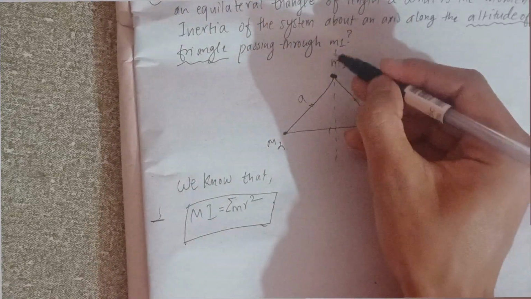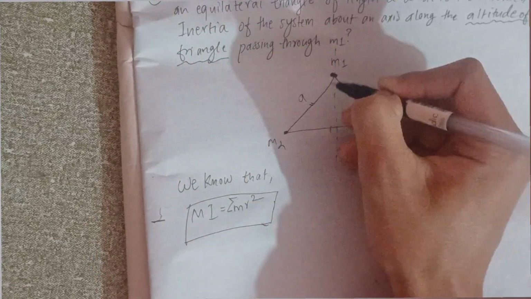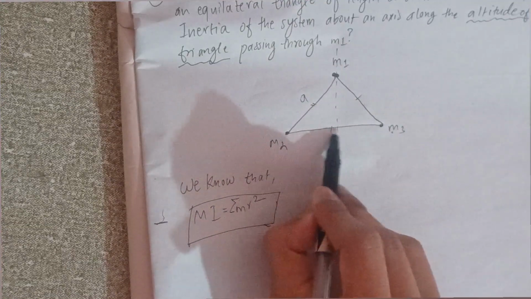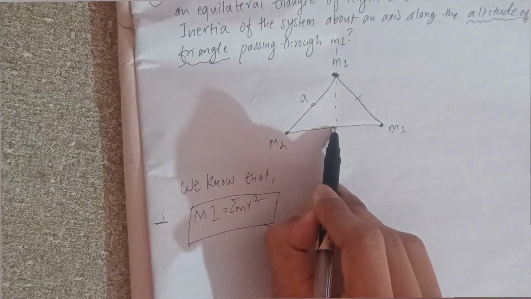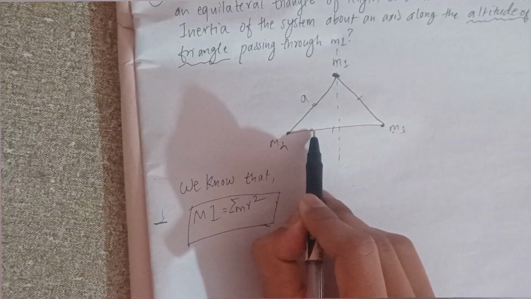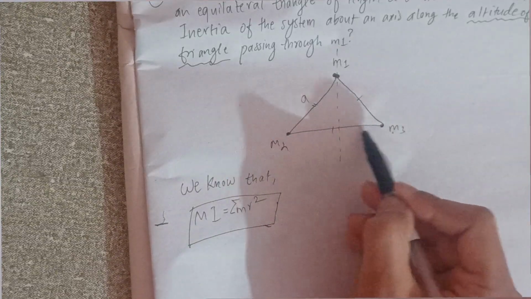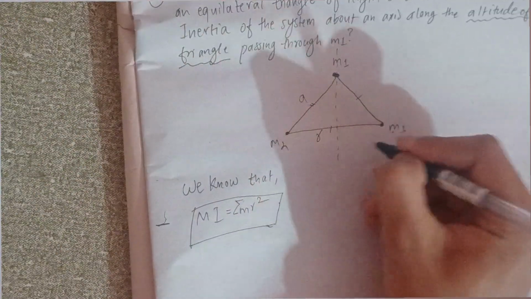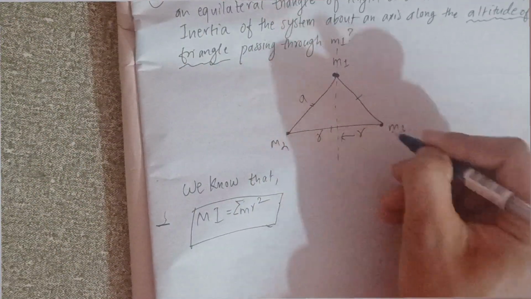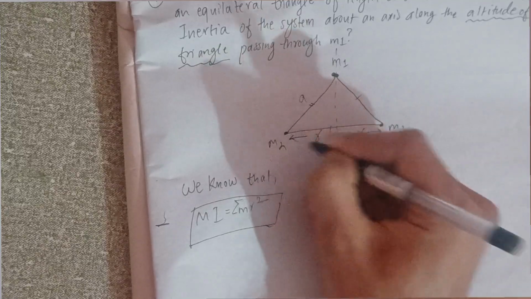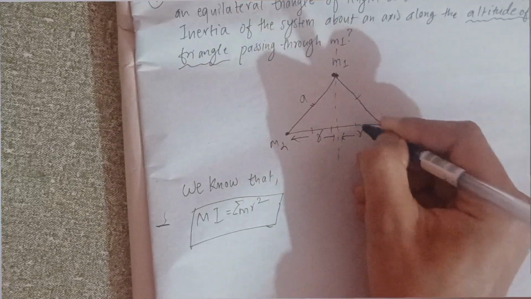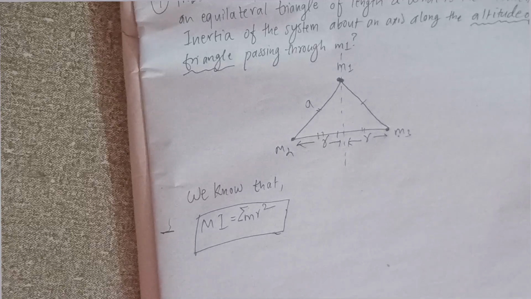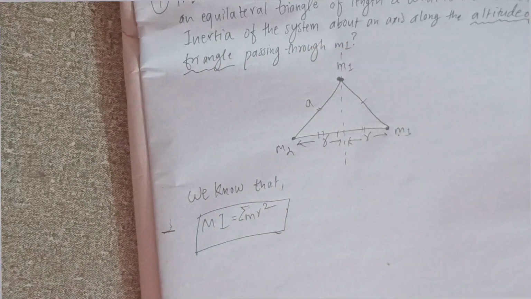We need to find out the radius. Since this is a and this is the axis, how can we find out this radius from the axis? This is the shortest path. This is the radius. This is also the radius, and these will also be equal. So how can we know what this is and what this is?